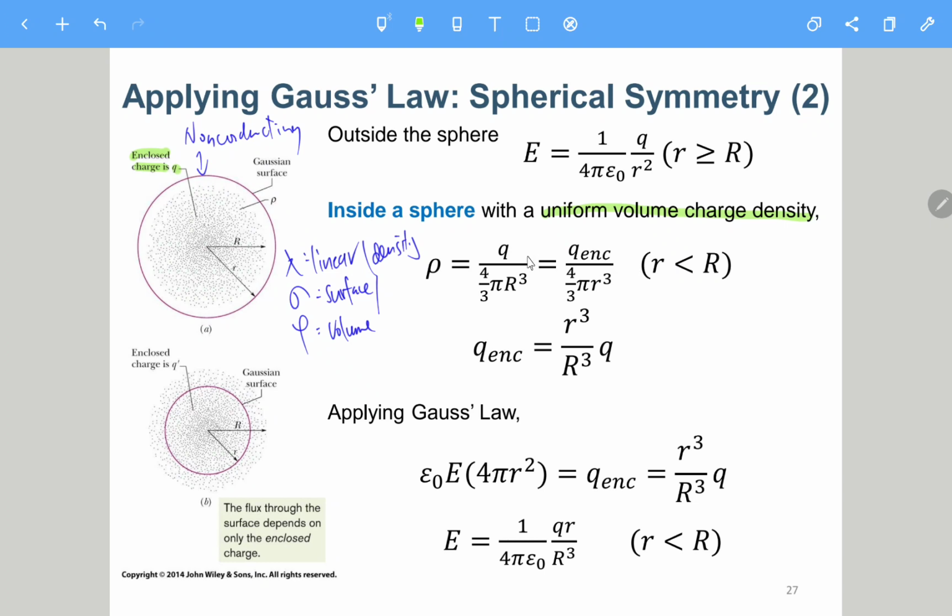Here we also try to find the E field inside and outside the sphere. Outside, it is very easy.